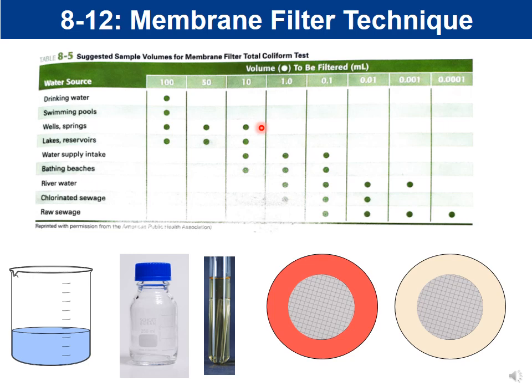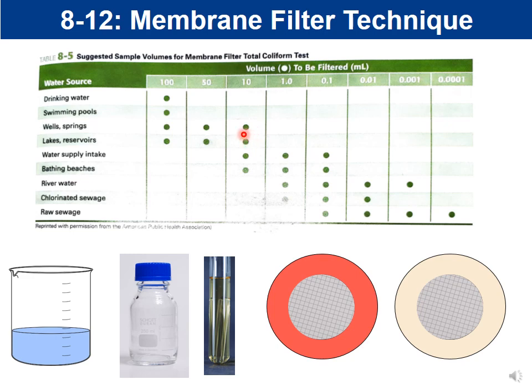If we're doing wells or lakes, there's a couple different volumes you could try. You could use just 10 milliliters of the water, 50, or 100. So let's say we are testing from a lake, and we think there might be fecal contamination, or quite a bit.